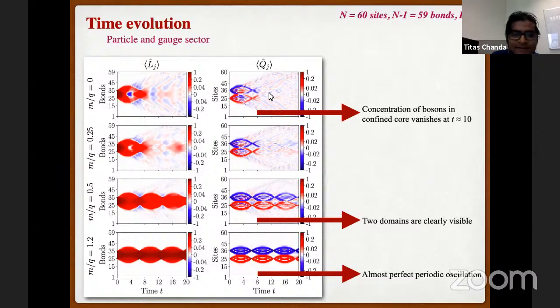And in the massless case, the coherent oscillation vanishes after only one oscillation, only one such confinement. After that, due to a large amount of meson radiation, the concentration of bosons in the coherent core vanishes up to, say, T equal to 10 here.